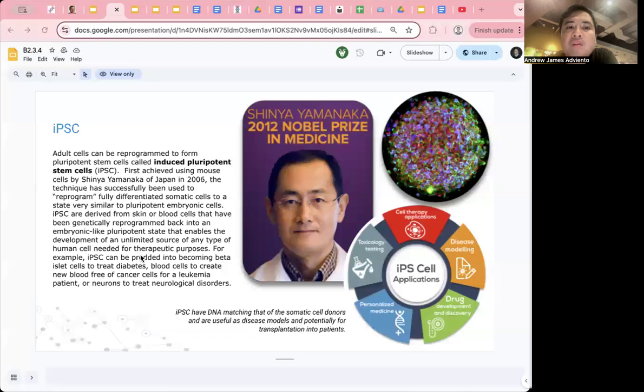Second, it allows for patient-specific treatments like regenerative medicine. Third, it reduces the risk of immune rejection in transplants. This discovery revolutionized stem cell research and earned him the 2012 Nobel Prize in Medicine.